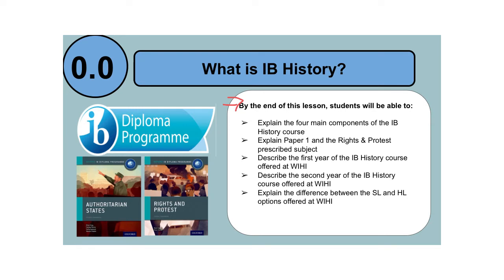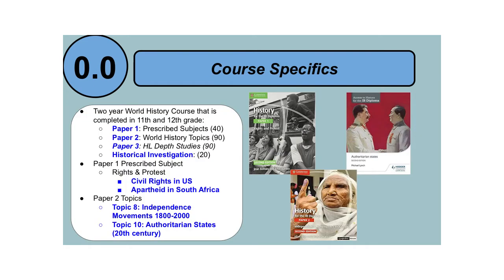You should be able to explain the 4 main components of the IB History course, explain Paper 1 and the rights and protests prescribed subject, describe the first year of the IB History course as well as the second year, and lastly, explain the difference between the SL and the HL options offered here at Y-High.